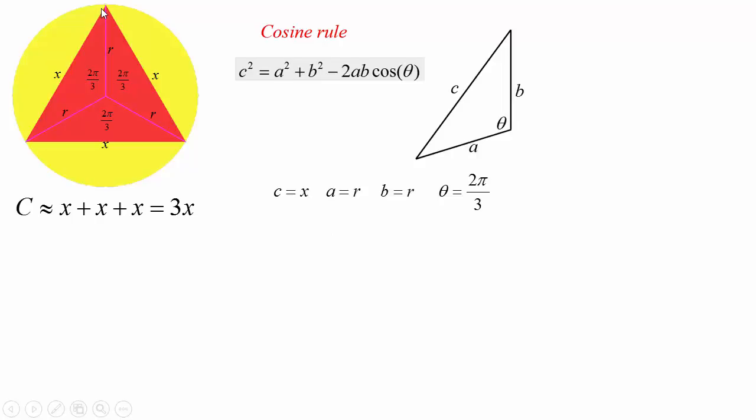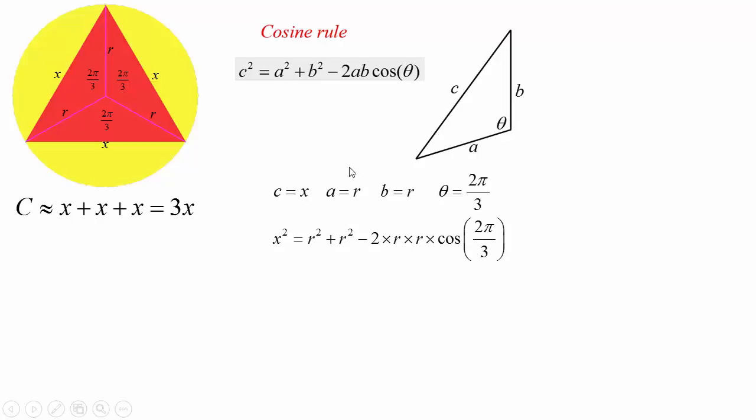If we compare one of the smaller triangles on the left to the triangle for the cosine rule, we see that C is the same as x, A is the same as r, B is the same as r, and our angle is 2 pi on 3.